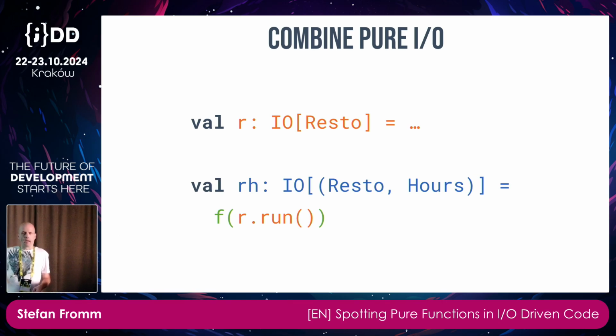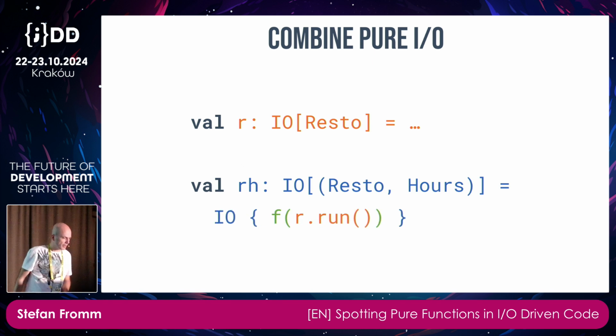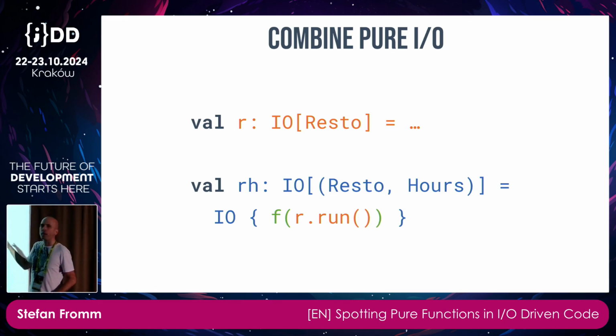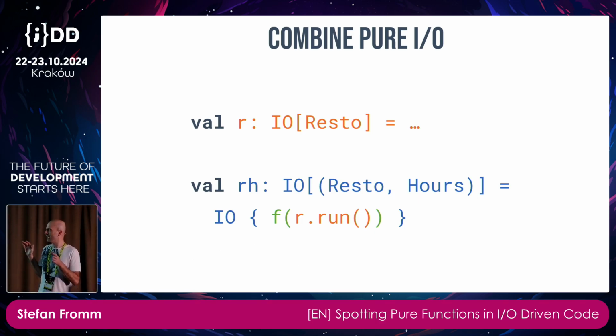But I want to have an effect descriptor, so I must wrap it up again into this effect description. So now returning this IO with the restaurant and opening hours, it does nothing. It just instantiates a new effect descriptor doing something more than the old one. Okay.